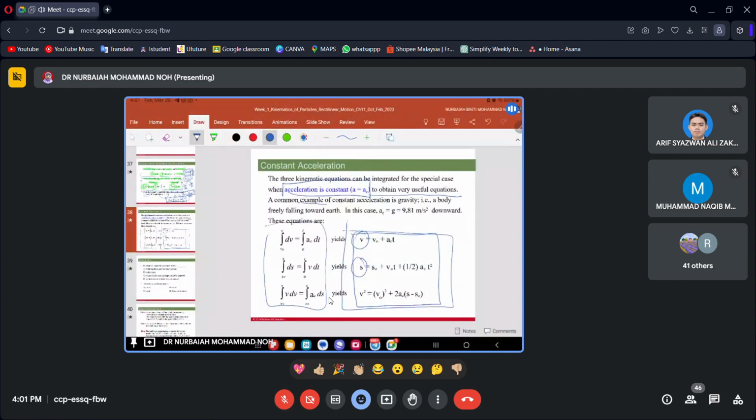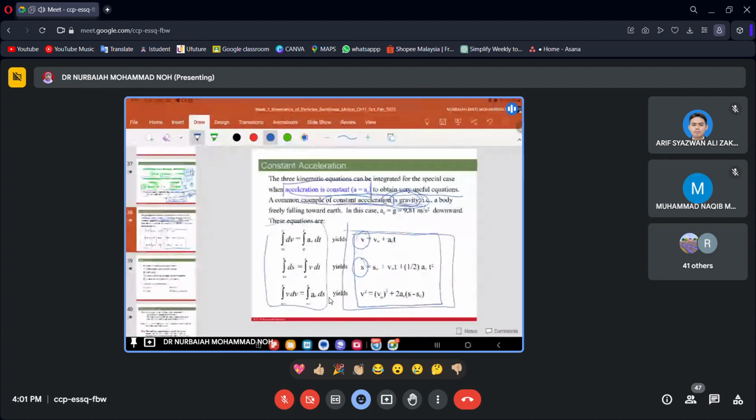A common example of constant acceleration is gravity. This is a common example for the constant acceleration macam example yang kedua tadi, yang mana bila dia baling bola, dia free to fall. So maksudnya dia melibatkan gravity, yang mana gravity ni kita consider sebagai constant acceleration.